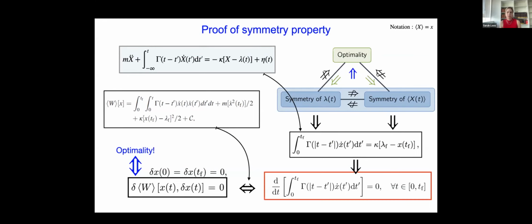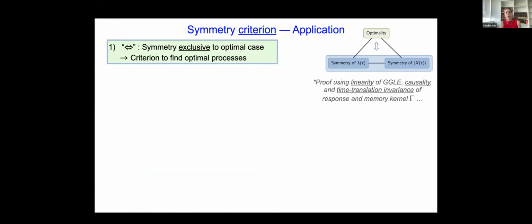So in total, when we complete all these steps, what we have is that the symmetry is a unique property of optimal solutions, and it goes both ways. So every optimal solution needs to obey the symmetry properties, and every symmetric solution with these properties is optimal.